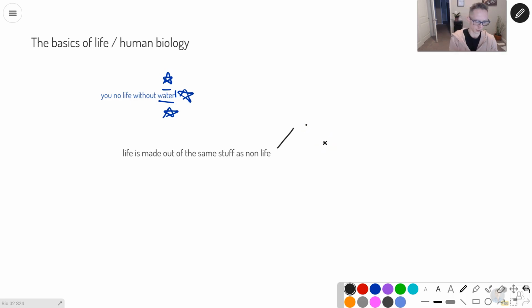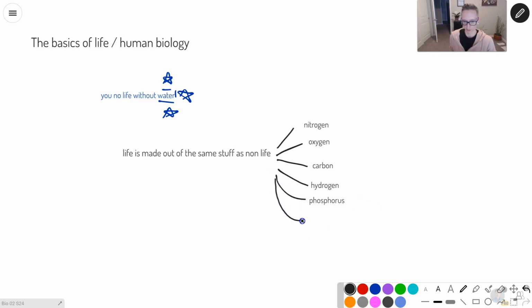We have some basic elements that life is made out of. One of them is hydrogen. Actually, we'll start with nitrogen, even though it's not very prevalent. It's the least of the main four. Nitrogen, oxygen, carbon, hydrogen, phosphorus, and last but not least, sulfur.